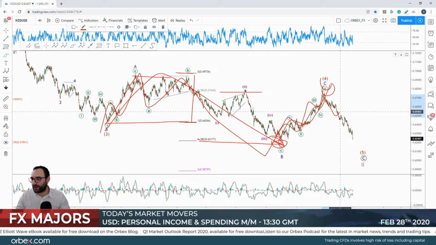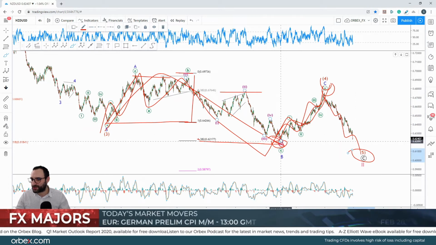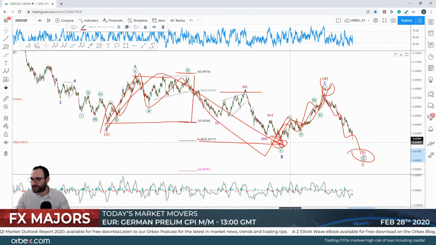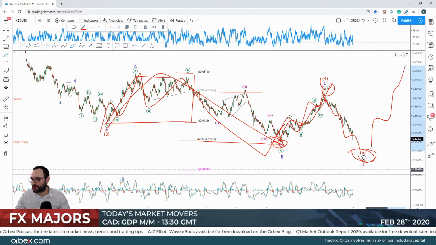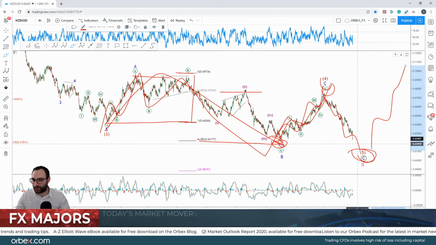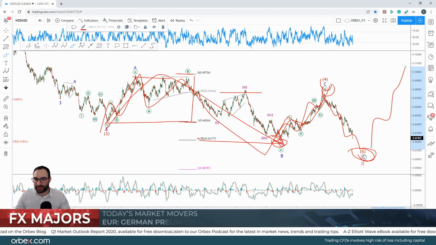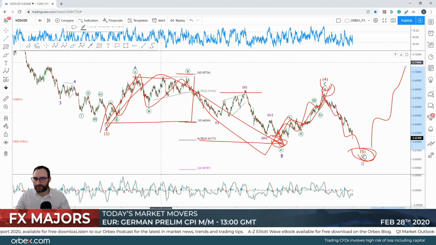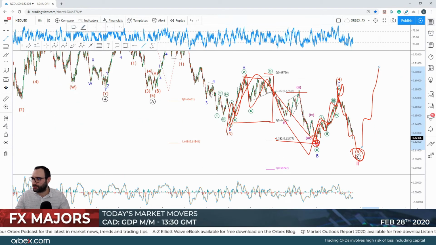So now we are actually looking at an impulsive move to the downside to take out the previous low of 62 or so cents. And once we do that, okay, we can start looking for prices to move higher. Now, where is this going to go down to? We don't know. The potential could be actually big, but one good way to measure this is always, of course, either wave 1 or wave 3, okay?